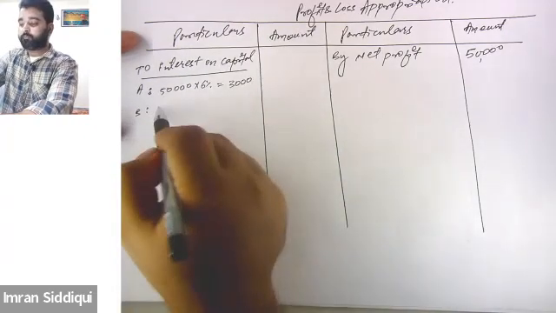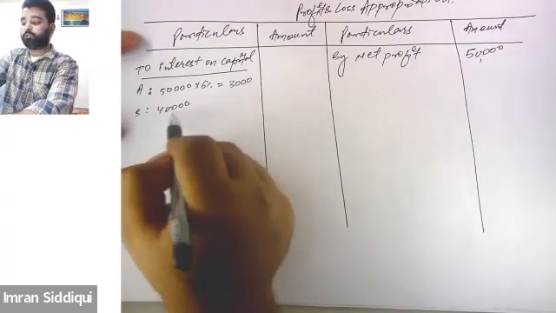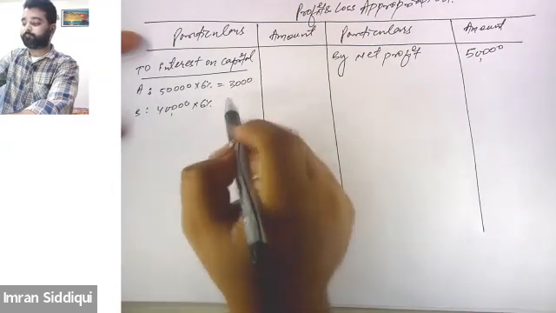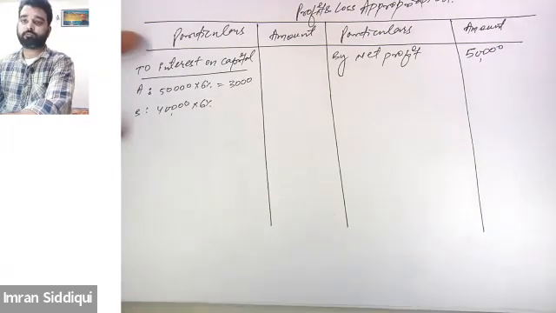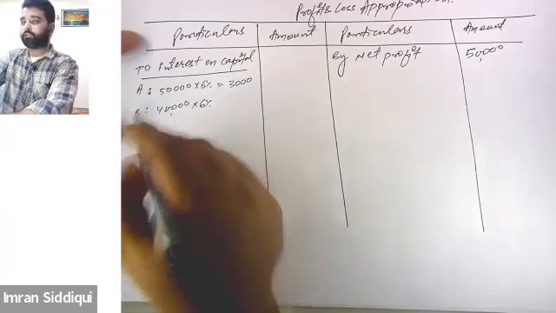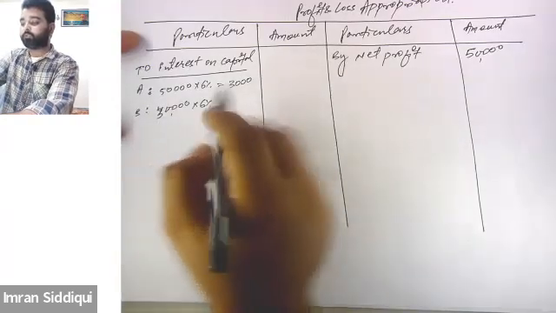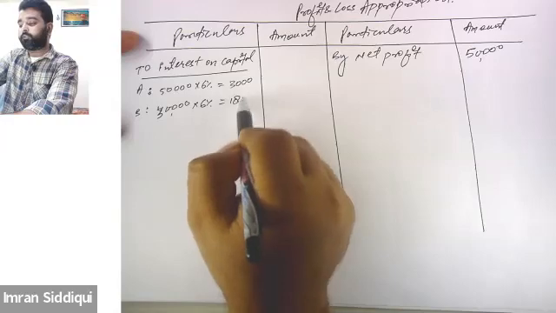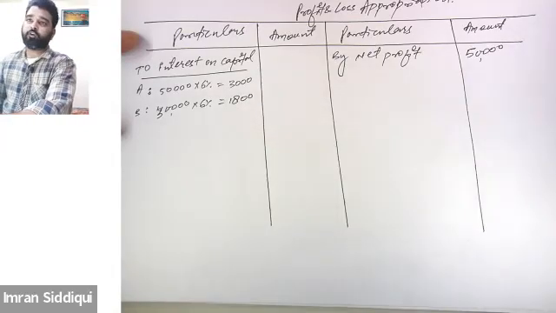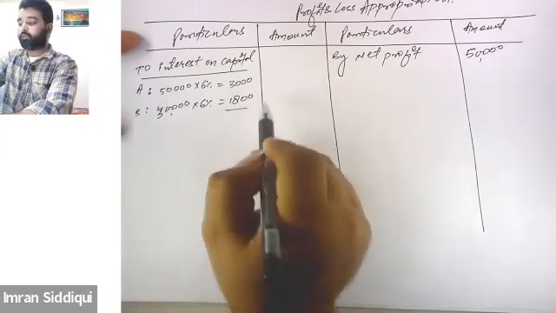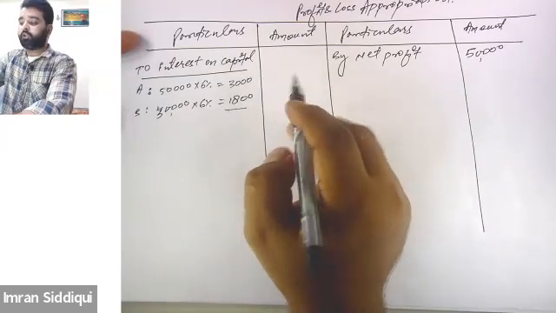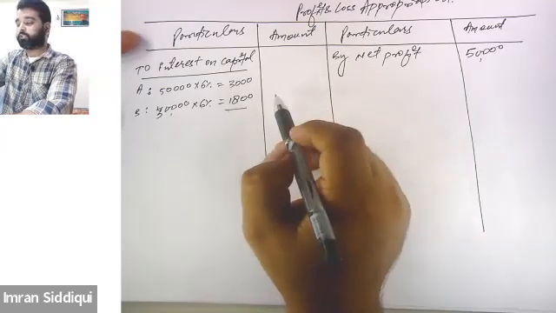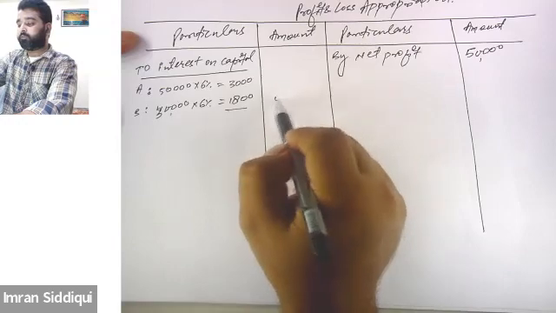And similarly, B will be getting 6% of 30,000. The capital contributed by B was only 30,000, so 1,800 will be the interest on capital for B. Now we will write down the total of the interest on capital in the amount column. 3,000 plus 1,800, it will be 4,800.